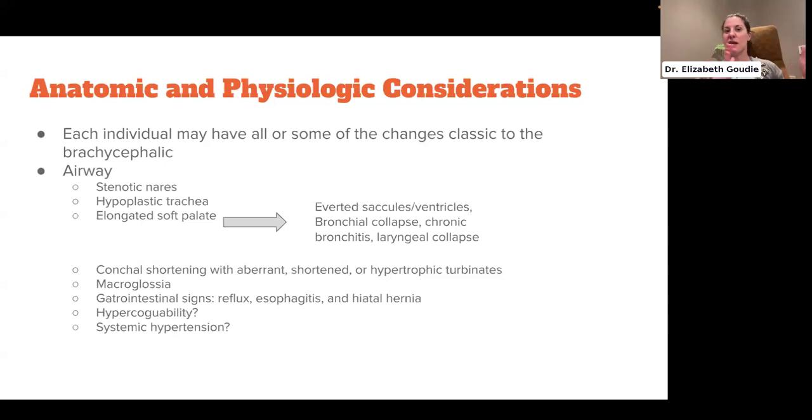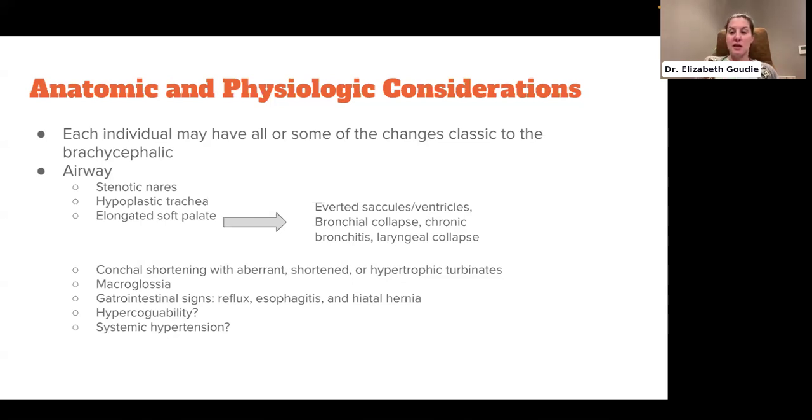For the most part, I find that they can have really nasty stenotic nares and hypoplastic trachea and elongated soft palate, but maybe they haven't gotten all of these other things just yet. So especially when we have a middle-aged patient, whether they've had BAOS surgery or not, I always want to make sure that these things aren't going on, and I expect them to be present.